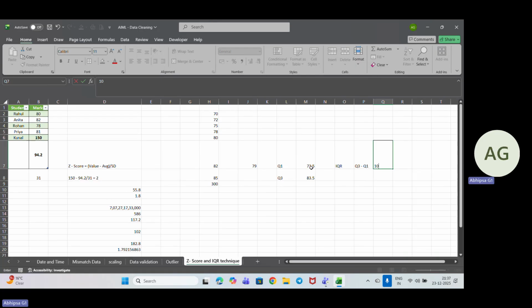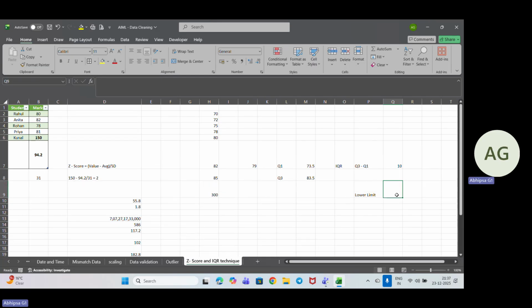Now I need to find the outlier limit. So the lower limit would be, of course, Q1 minus 1.5 into IQR.